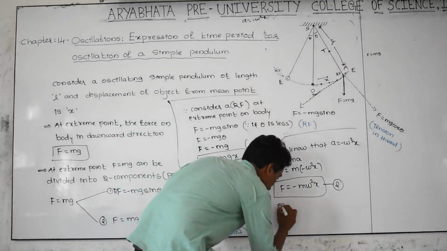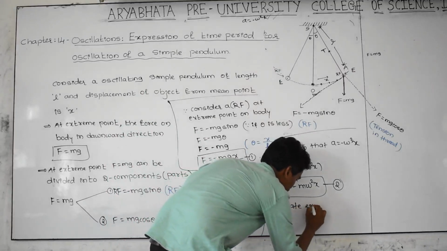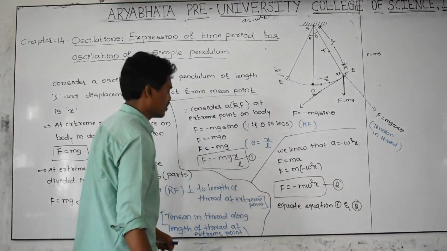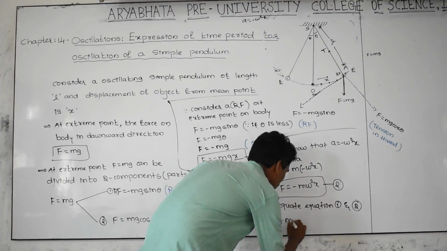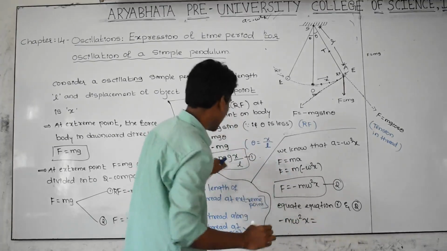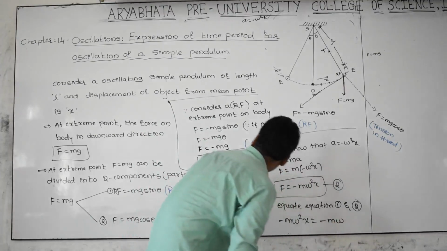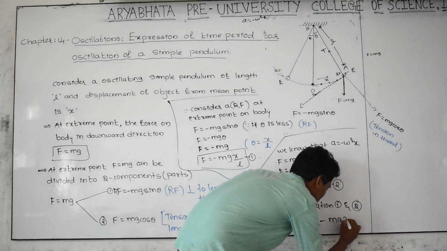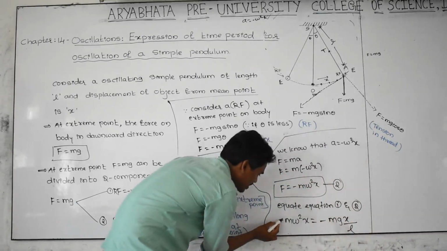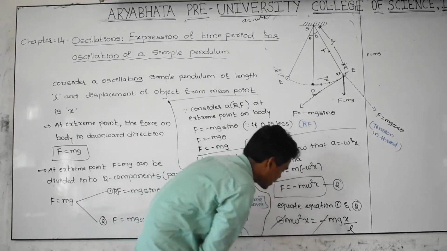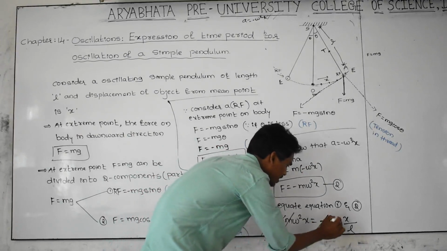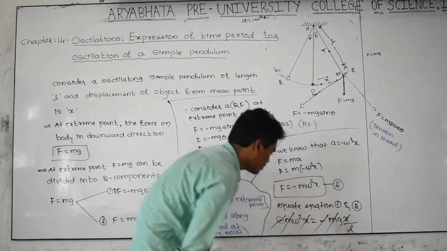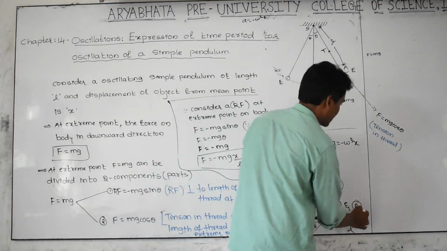Equate equation 1 and equation 2. Then you are getting minus m omega square x is equal to minus m g into x by L. Here minus gets cancelled, here the m term gets cancelled, and the x term gets cancelled.